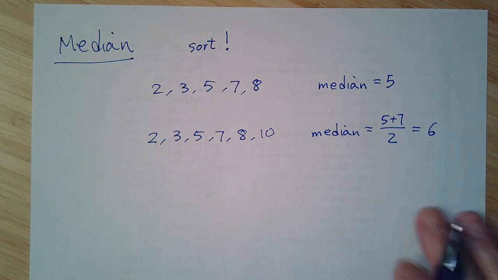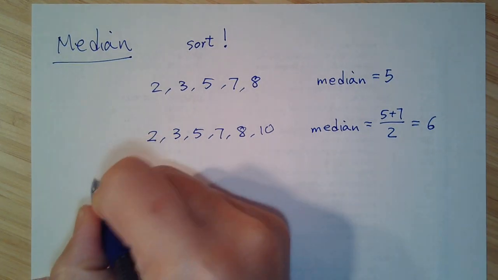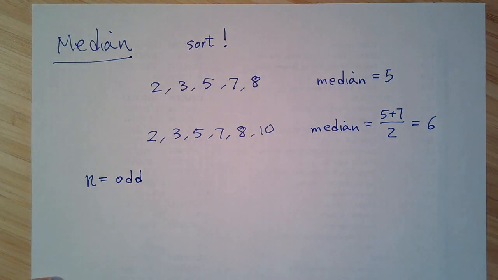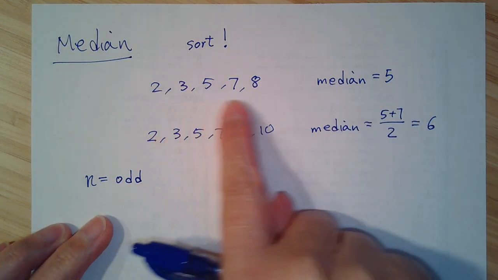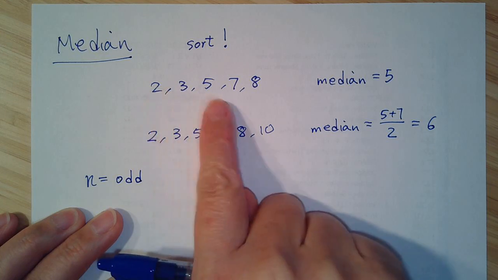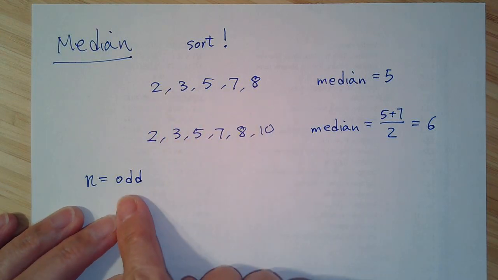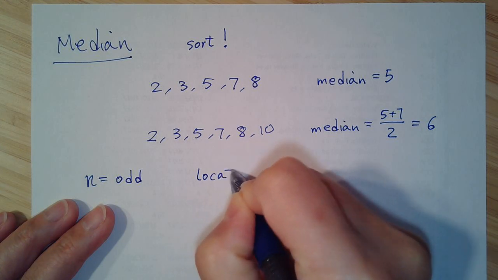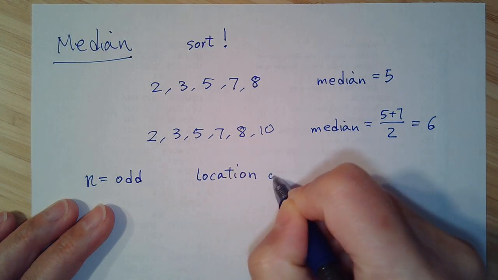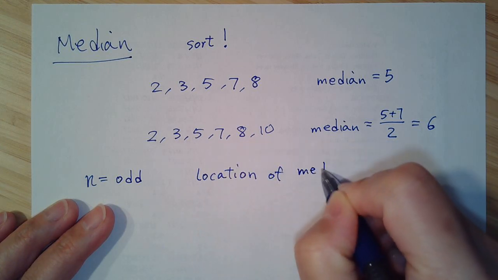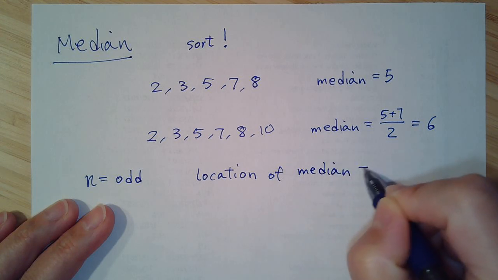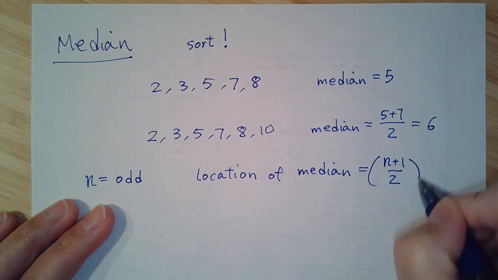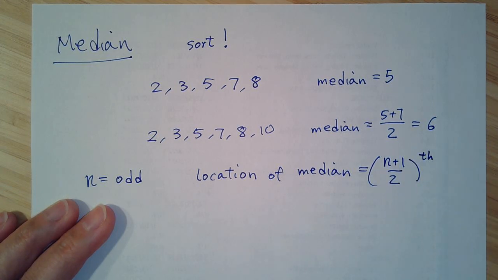All right, now I give you a very easy formula here. When n is odd, for example, here we have an odd number. We have 1, 2, 3, 4, 5. We have 5 numbers, so n is 5, right? And the location of median equals (n plus 1) over 2, and I put a little th here because that shows the position.